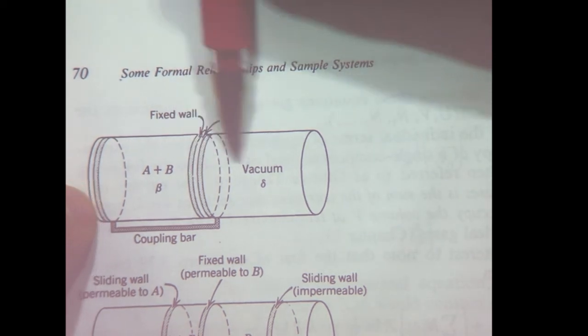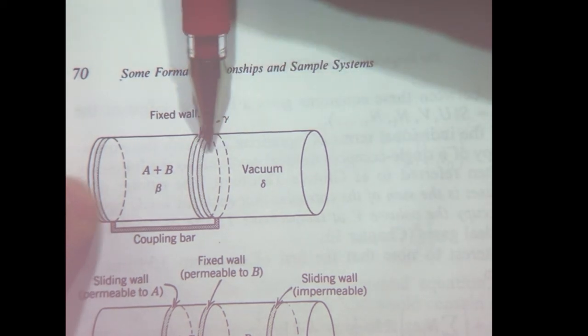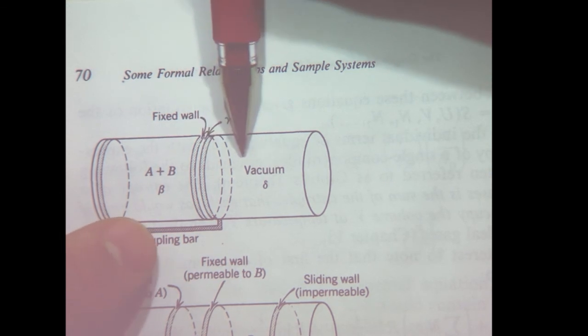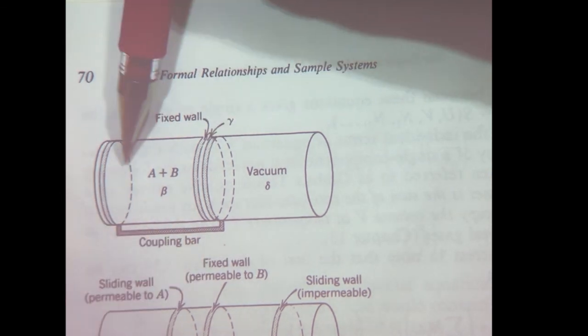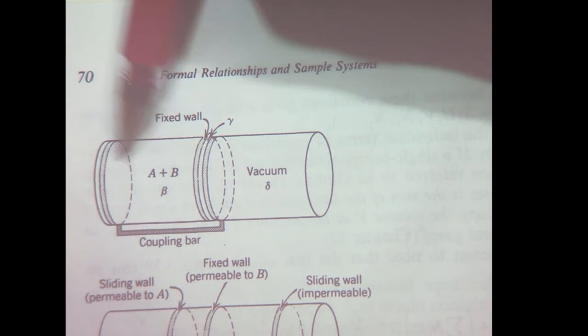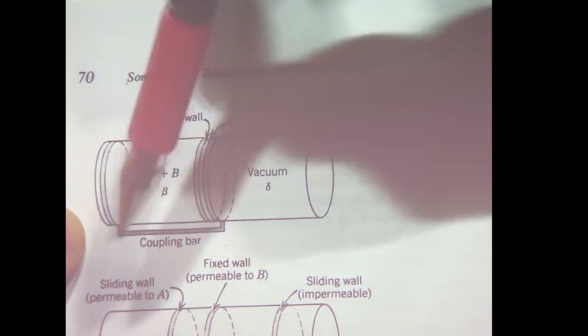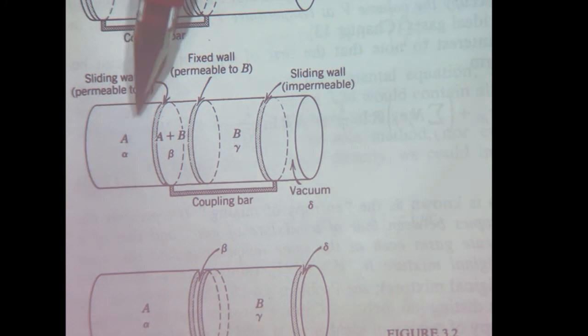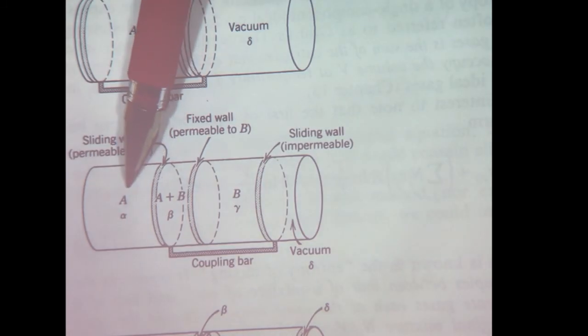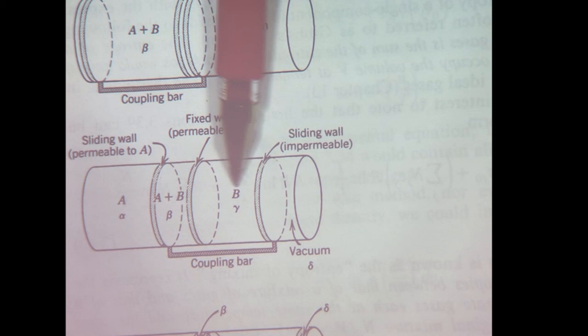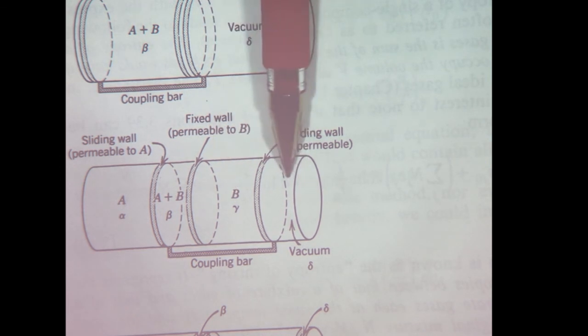This is a complete vacuum, and you slide this very slowly, quasi-statically, towards the right, so that this one filters out the type B particles, and the left-hand side only contains type A particles. The middle bit contains A plus B, and this part contains type B particles, and this is still a vacuum.